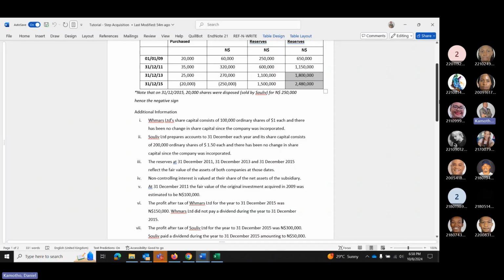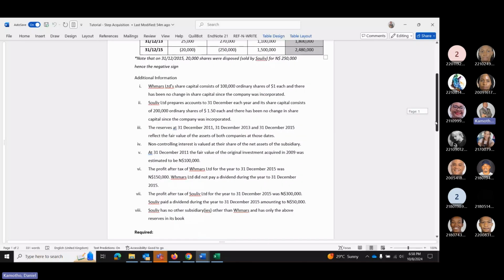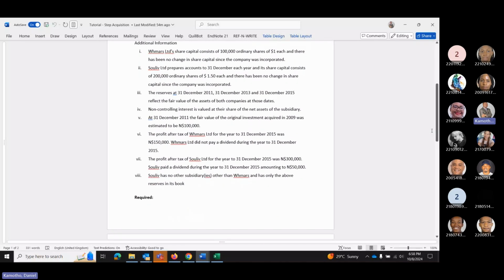So based on the sentence there, the last one said, the profit after tax for the year to 31st was 300,000, and Soliv paid a dividend during the year amounting to 50,000. So the profit after tax was 300,000.